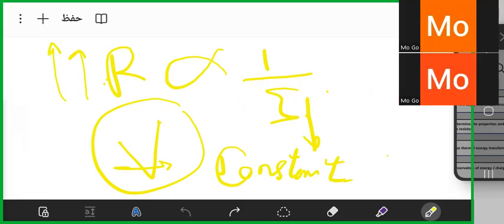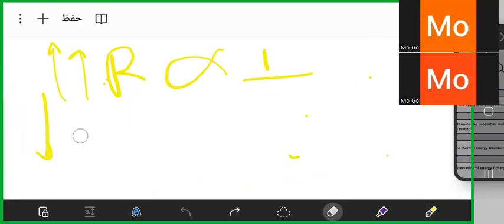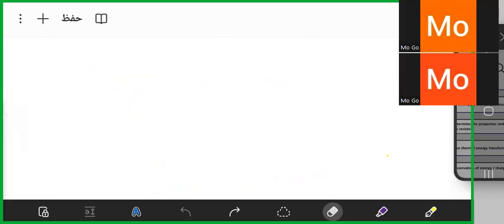So increasing R means decreasing I. Increasing I means decreasing R. So both of them are inversely proportional. Okay. This one is super important to understand. Why? Because if we have inversely proportional, it will be shown at this point. Okay. So we now know we have a value which is inversely proportional.